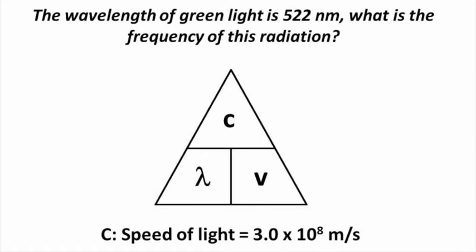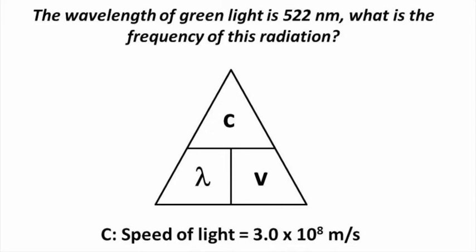The speed of light is 3.0 times 10 to the power of 8 meters per second. If we are going to use this number in our equation, we need to convert the 522 nanometers into meters first. So this will be 5.22 times 10 to the power of negative 7.